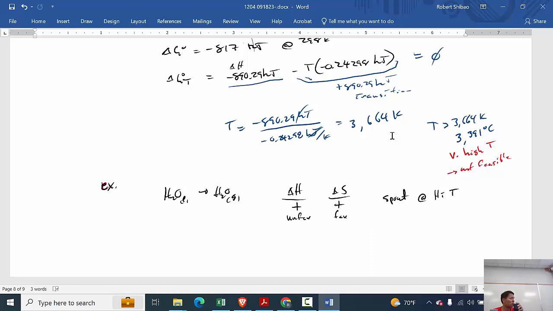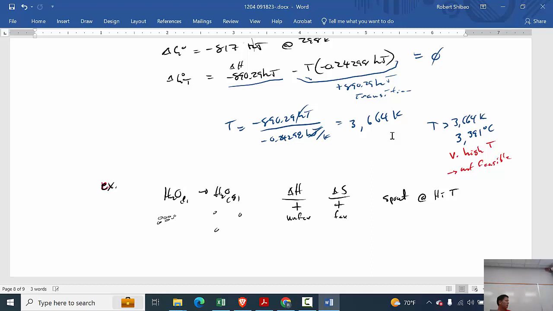And we have to look at that somehow. But here, at least for this term, it is only the system. And so we're looking at how the entropy of this, here we'll have water molecules packed together in a liquid state versus water molecules in the gaseous state.